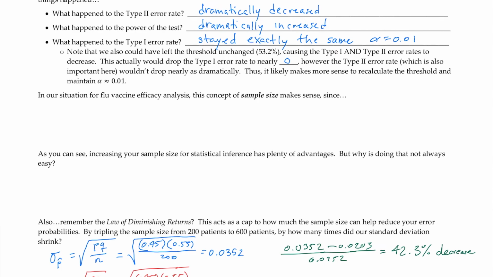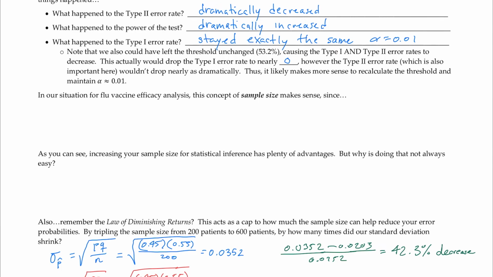It's a lot of effort and a lot of work, and it doesn't always pay off. It does help decrease some things, but it doesn't have the ballooning effects that maybe you thought it did. So that's what the law of diminishing returns is all about: increasing your sample size will decrease the standard deviation, but not at the same level that you're changing your sample.